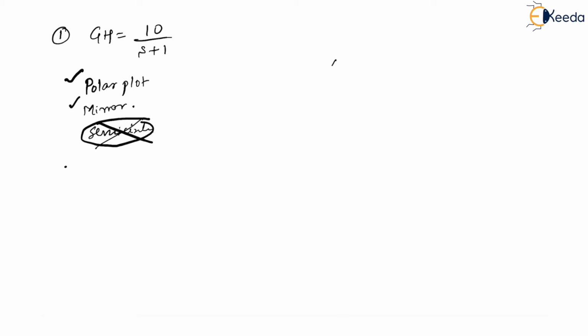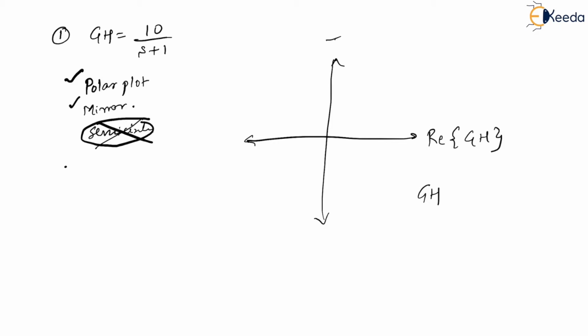Let us see how to draw. Definitely this has to be drawn on the GH plane. This is the real part of GH and this is going to be the imaginary part of GH. Now, what is the polar plot of this? You already know. I am not explaining how to draw this plot again and again, because we have done 5 videos on it, just imagine.